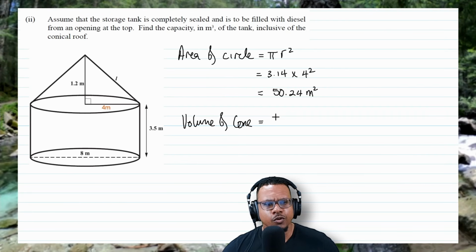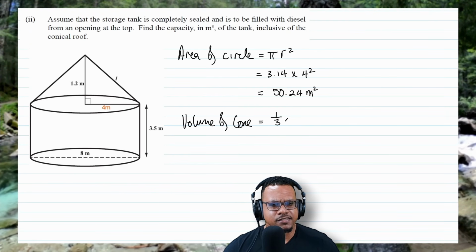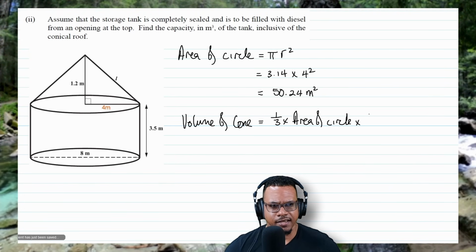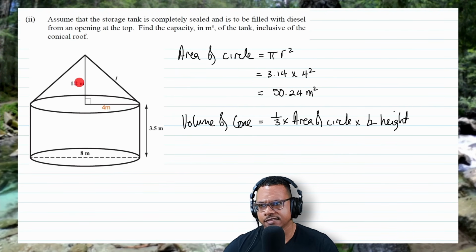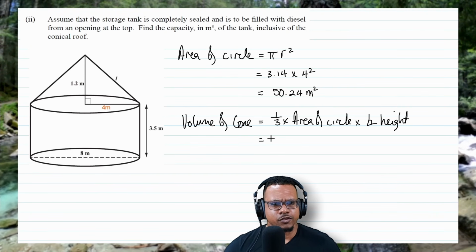So now the volume of the cone is equal to 1/3 times the area of the base, and the area of the base is the circle, so that's the area of the circle, times the perpendicular height. And we know that perpendicular height is that 1.2 meters. So we're going to have 1/3 times the area of the circle, which is the 50.24, times the perpendicular height, which is 1.2.